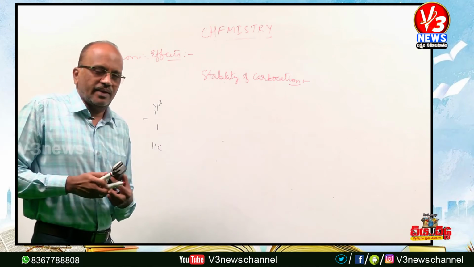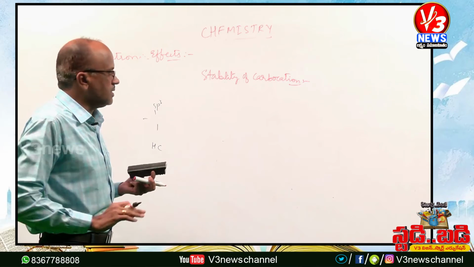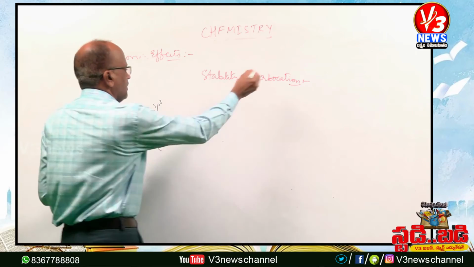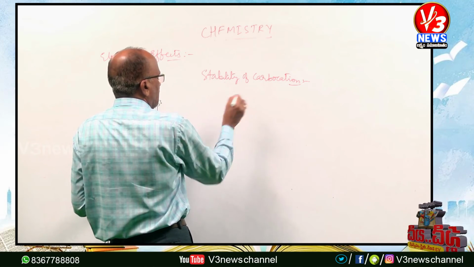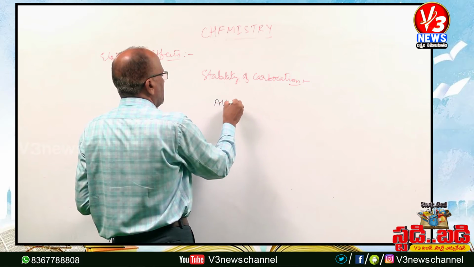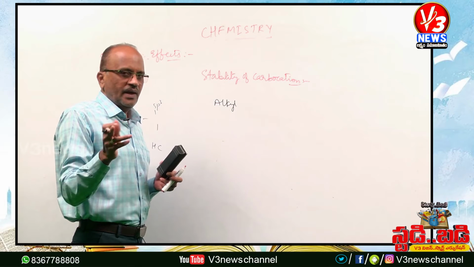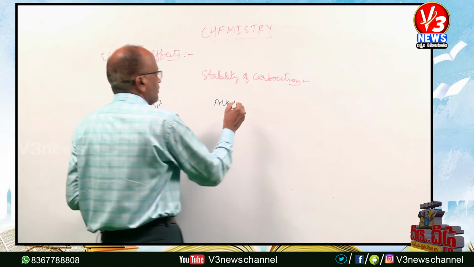A carbocation means a species in which one of the carbon atoms has a positive charge. The stability of alkyl carbocations is explained on the basis of plus I effect and also hyperconjugation.